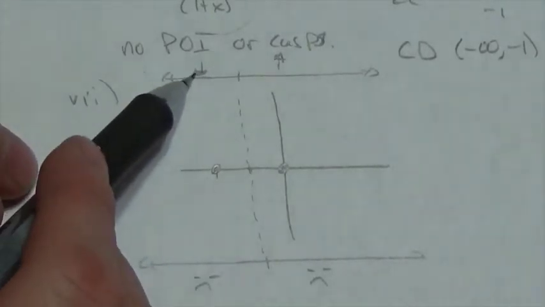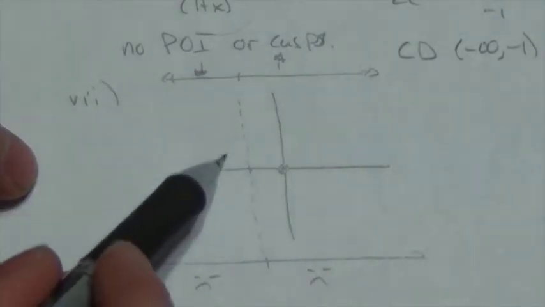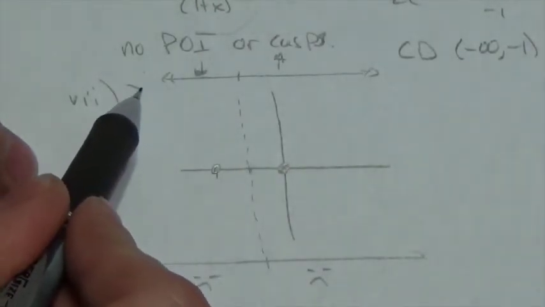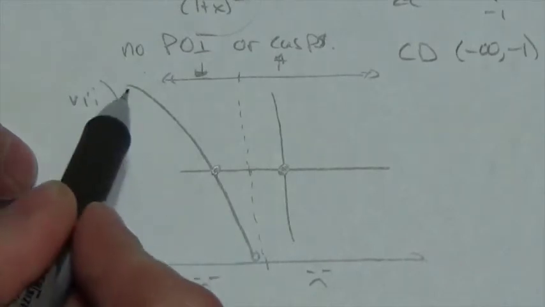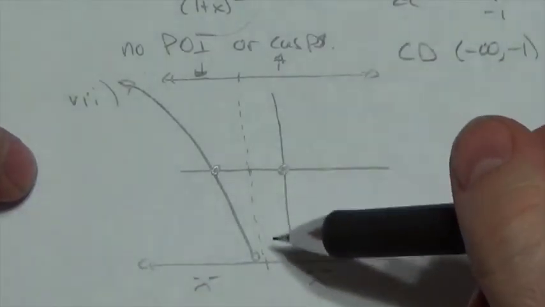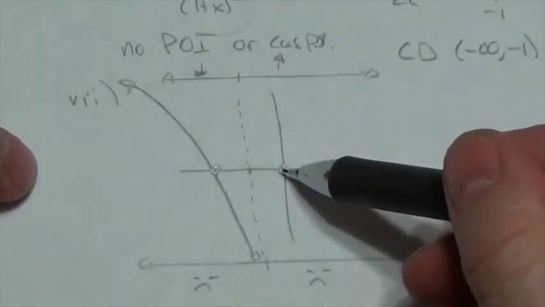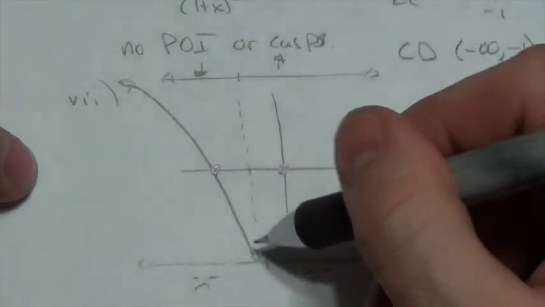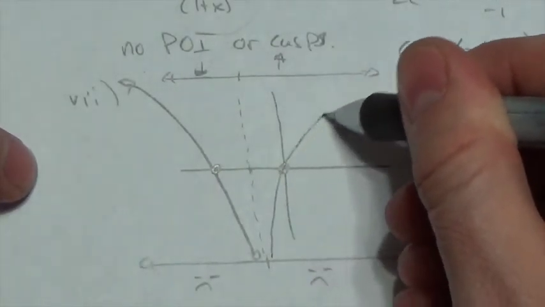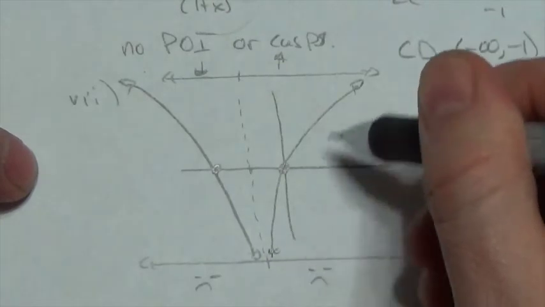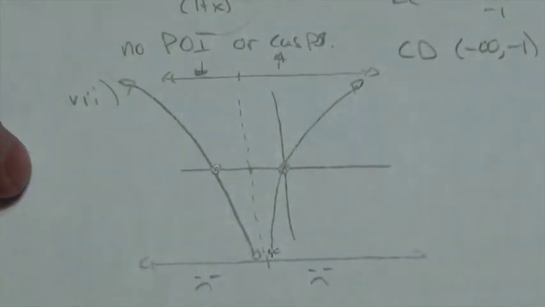What's going on here? It's decreasing and concave down, goes through here, and it's got a vertical asymptote. Well, the only way that can happen is if it looks like this. Now from here, it's increasing, still concave down, and goes through the origin there. So it's got to look like this. There we go. That's what our graph looks like.